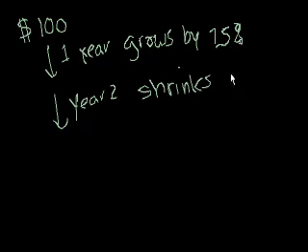So this could have happened in the stock market. The first year I have a good year, my portfolio grows by 25%. The second year I have a bad year and my portfolio shrinks by 25%. So my question is, how much money do I have at the end of the 2 years?